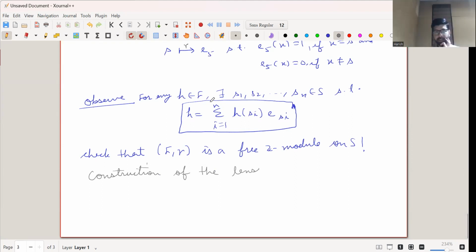Okay. So now with this data, we are in a position to construct tensor products.